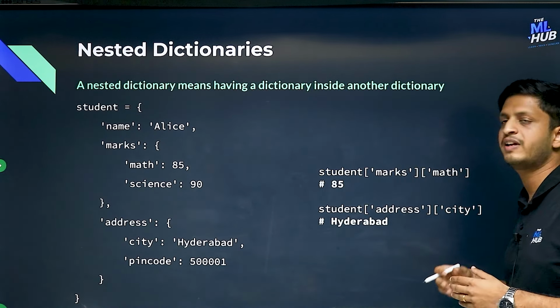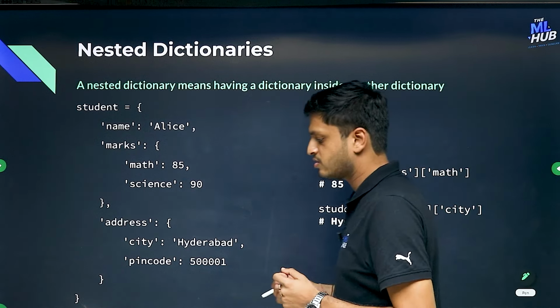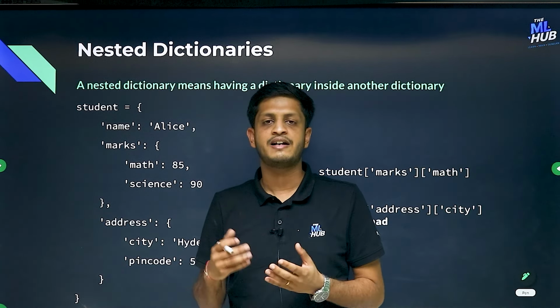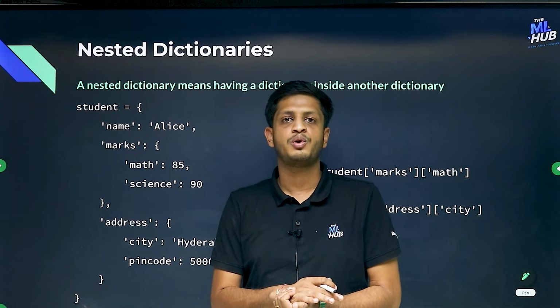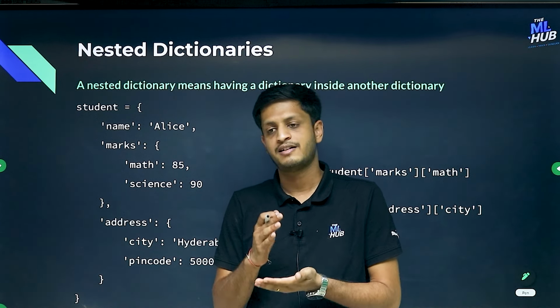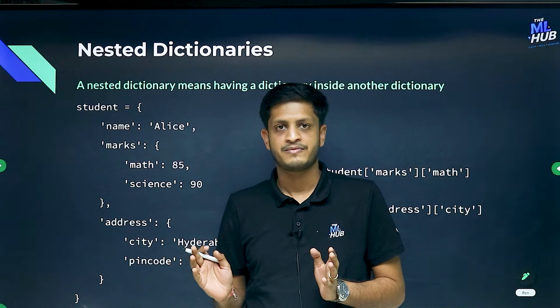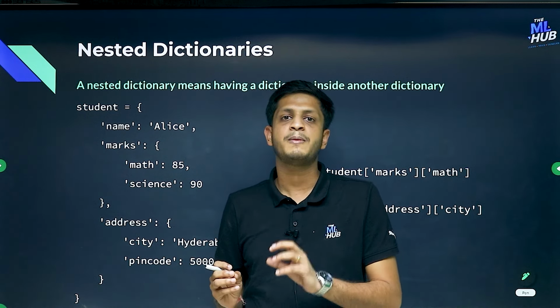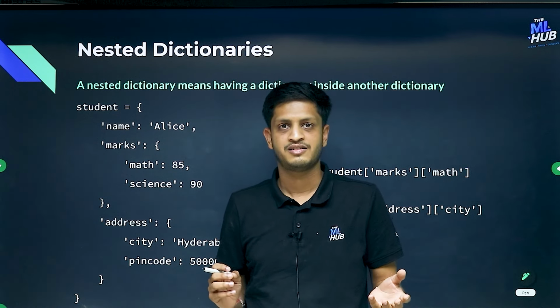Now we have the concept of a nested dictionary. So what do we mean by a nested dictionary? A dictionary inside a dictionary. But I told you dictionary is mutable, and hence dictionary is not hashable, and hence a dictionary cannot be a key for another dictionary.